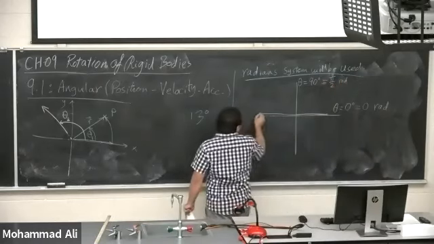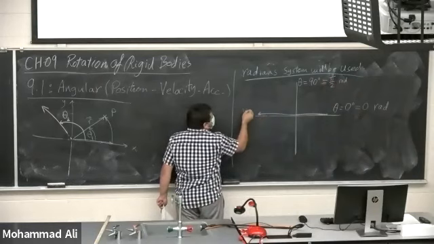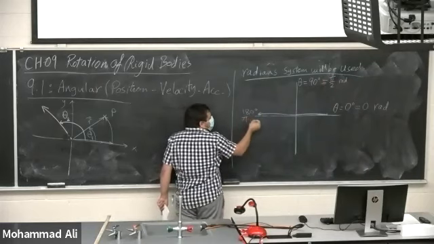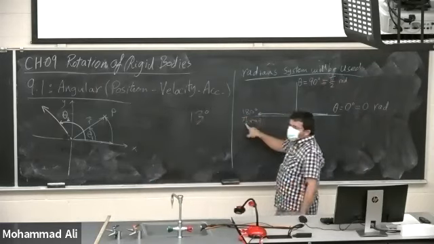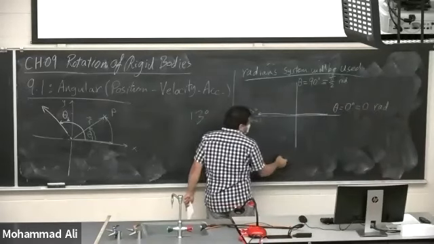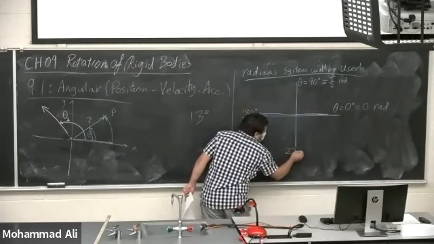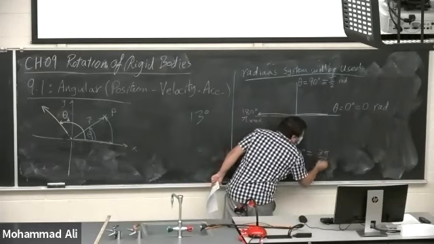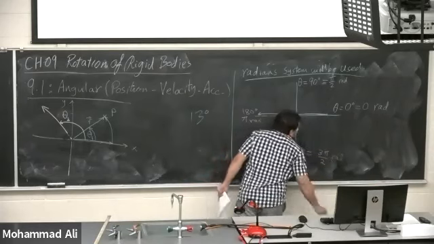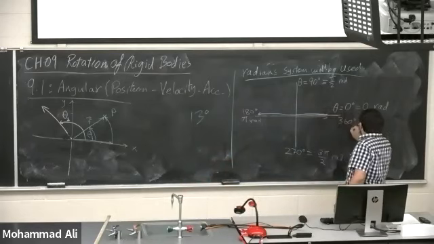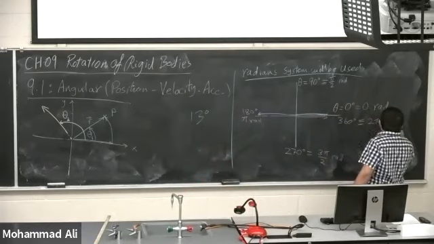This angle is equal to 180 degrees, which is the same as pi radians, which is pi. This angle is 270 degrees, which is equal to 3 pi over 2 radians. And the total angle, which is 360 degrees, is equal to 2 pi radians.